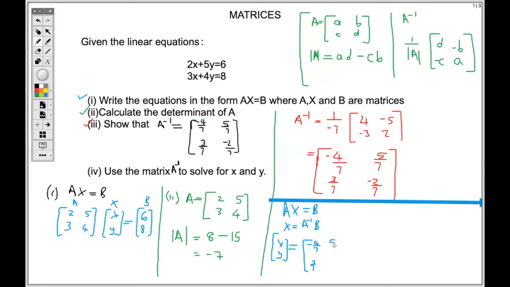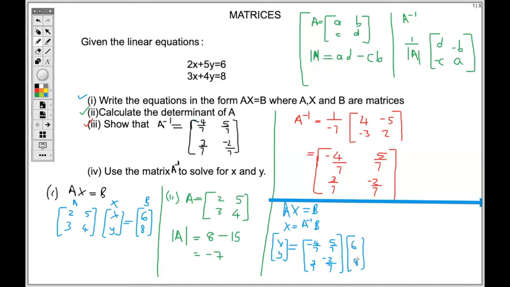Five over 7 and -2 over 7. Now we're going to multiply this by B. B represents a solution. So I'm going to have B, which is 6 and 8.